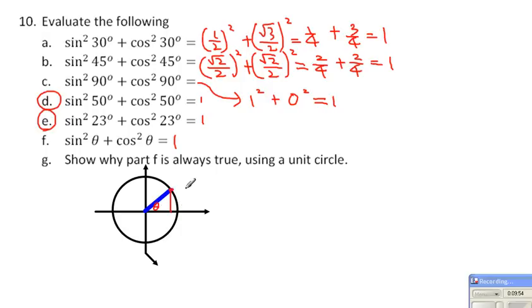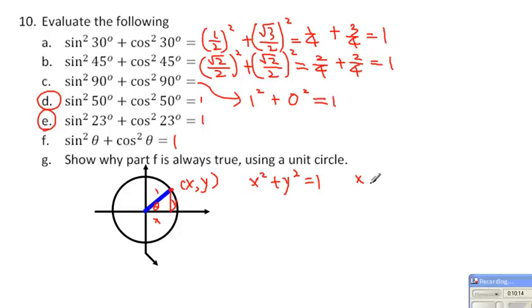Then as we mentioned, if this point is x comma y, where the radius is equal to 1, then right here the horizontal line segment is equal to x, and the vertical will be y. So we realize here x squared plus y squared is equal to 1.